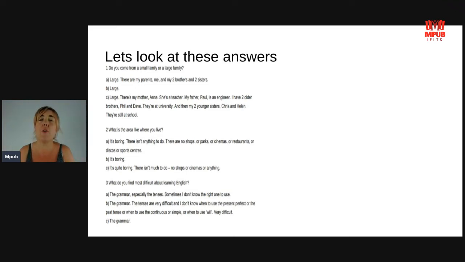Or C, the grammar. Of course, the perfect answer is A. It's a medium-sized sentence. It's answered the question, they've said the grammar, but also they've given an example. So in these 3 questions, the best answers are 1A, 2C, and 3A. Okay?